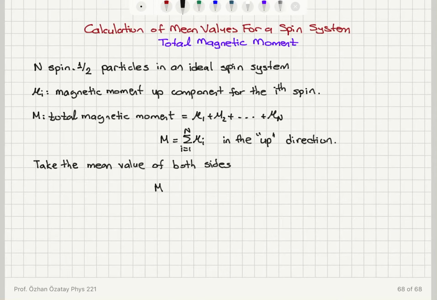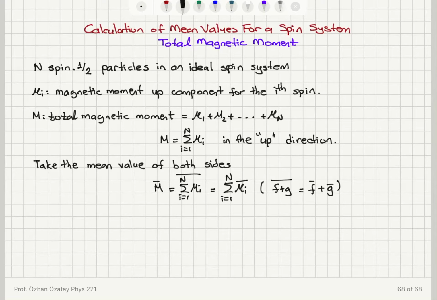The mean value of the total magnetic moment is the mean value of the sum from I equals 1 to n of mu sub I, but it's the same thing as the summation I equals 1 to n of the mean value of mu sub I. Why is that? Because if you take the average of two functions that are being added, you can also do the average of one function plus the average of the other function.